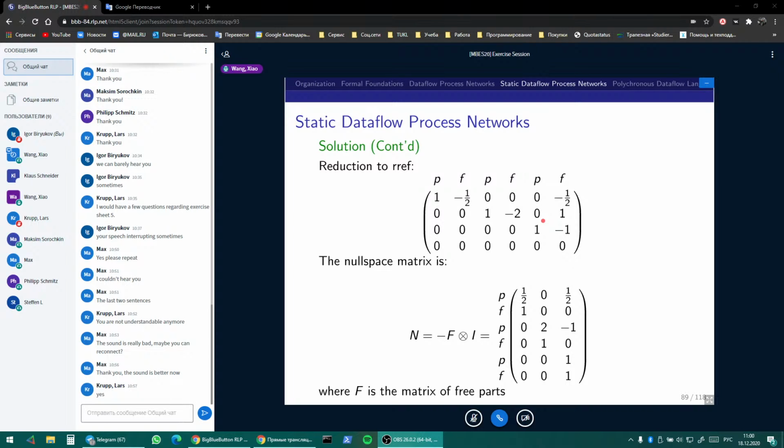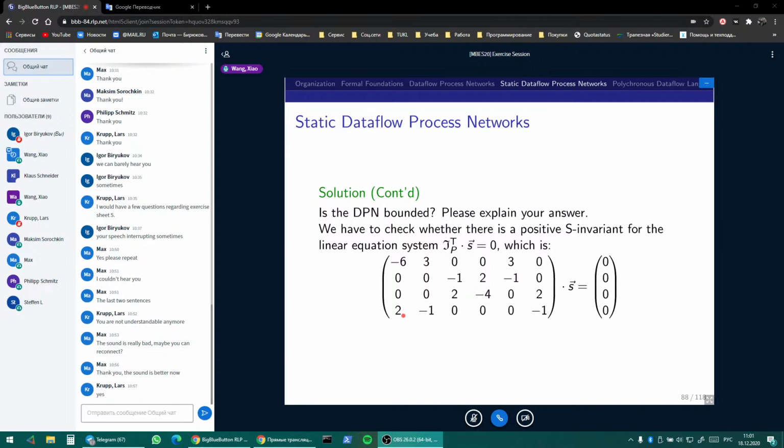And then you subtract 2 times, now it's 1 here, from the last row. And then you have 0 here. And now everything below 1 is cleared. And you can do this recursively. And now you get this form. Okay, so far so good.